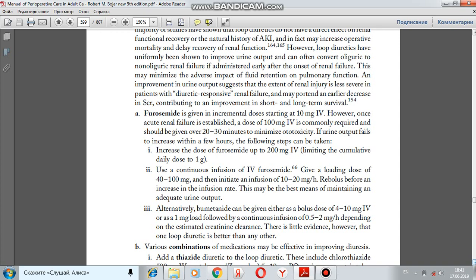Alternatively, bumetanide can be given either as a bolus dose of 10 mg IV or as a 1 mg load followed by a continuous infusion of 0.5-2 mg/hour depending on the estimated creatinine clearance. There is little evidence, however, that one loop diuretic is better than any other.